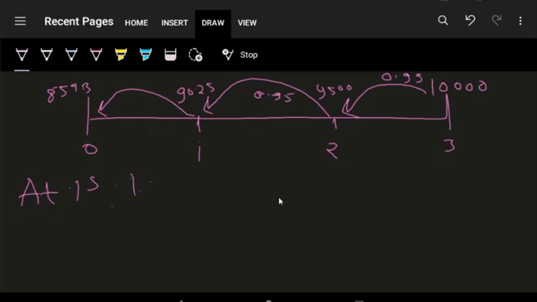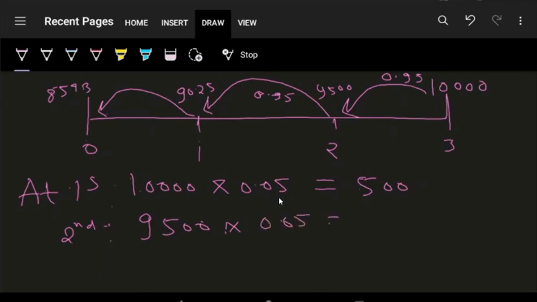So what we are doing: at time 1, we calculated the discount as 500. At the second time, we calculated 9,500 into 0.05, which is 475.